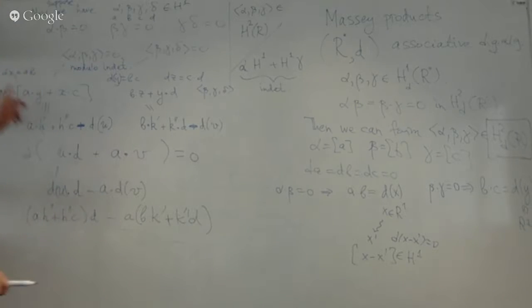Then there may be one more correction term which I should insert here. But this is equal to AY plus XC, right?